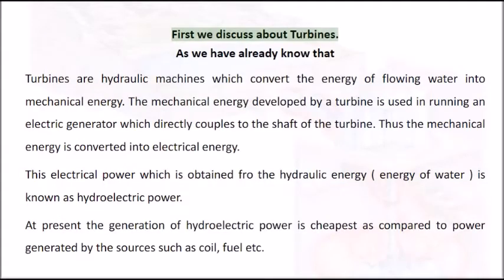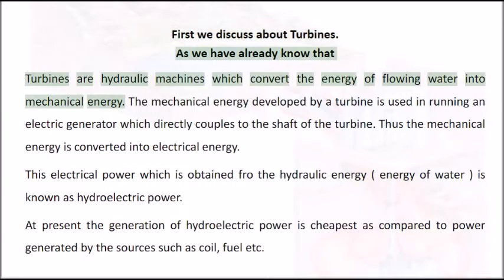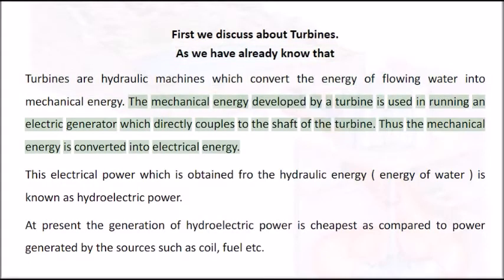First we discuss turbines. As we already know, turbines are hydraulic machines which convert the energy of flowing water into mechanical energy. The mechanical energy developed by a turbine is used in running an electric generator directly coupled to the shaft of the turbine.